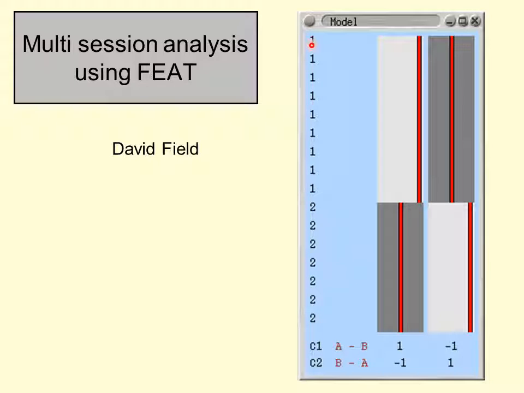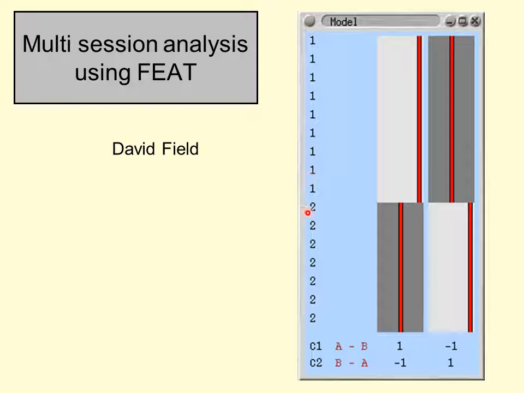And whereas in the first level design matrix a single row was a single time point, single volume or TR, in this design matrix a single row is one participant. Therefore a couple of things are missing that were present in the first level design matrix.